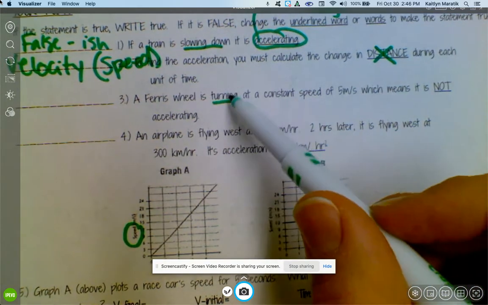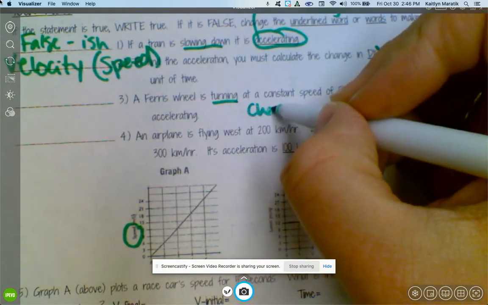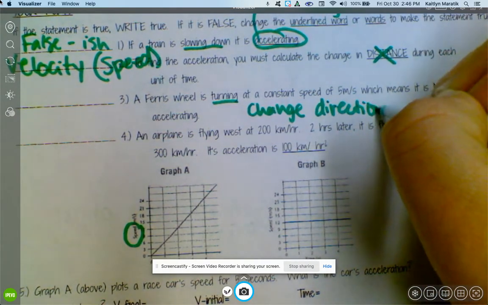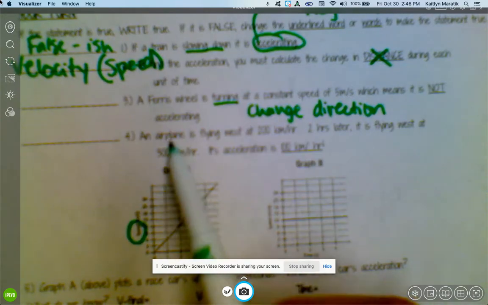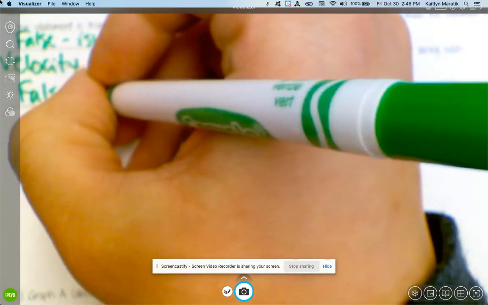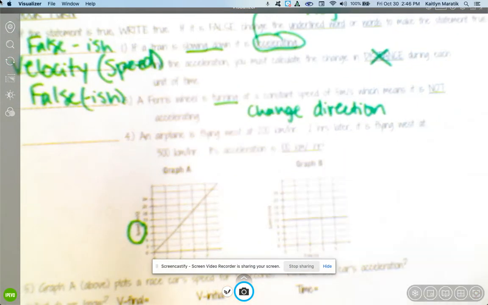Acceleration is a vector quantity. Because we're having a change in direction, then we have a change in acceleration. So this one is also going to be this kind of false-ish because we have that change in direction.